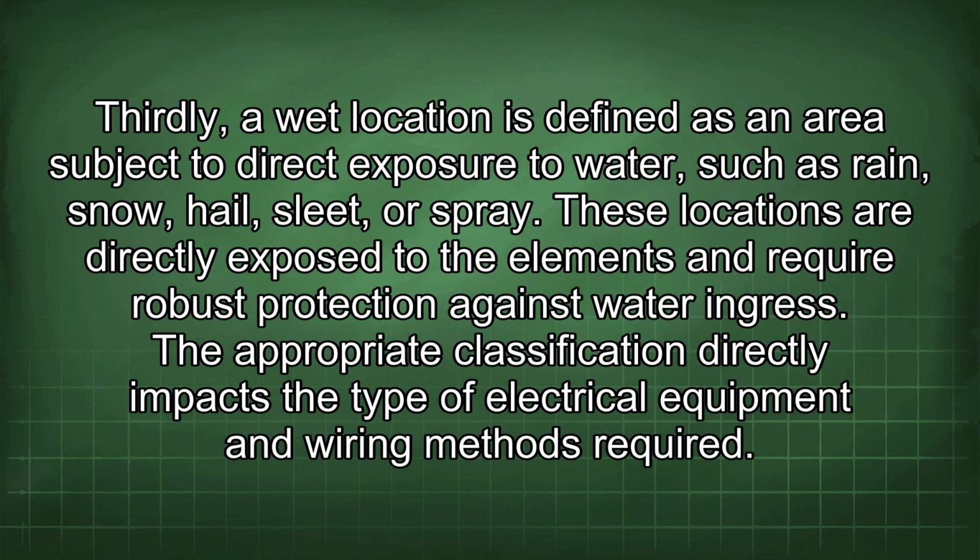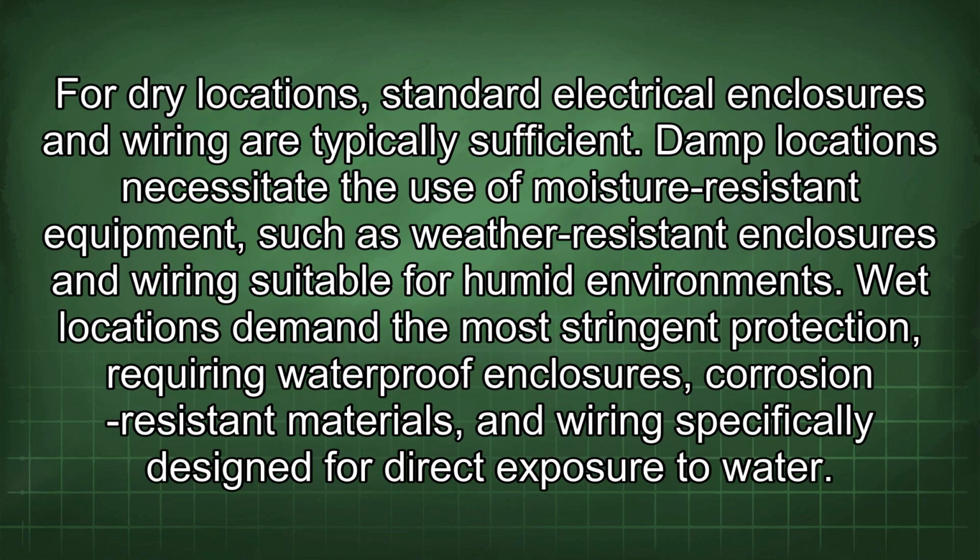Thirdly, a wet location is defined as an area subject to direct exposure to water, such as rain, snow, hail, sleet, or spray. These locations are directly exposed to the elements and require robust protection against water ingress. The appropriate classification directly impacts the type of electrical equipment and wiring methods required. For dry locations, standard electrical enclosures and wiring are typically sufficient.